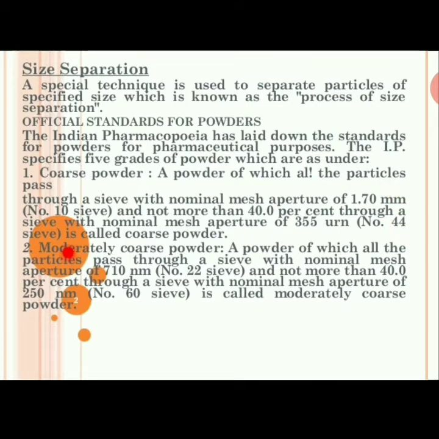Then next is the moderately coarse powder, in that a powder of which all the particles pass through a sieve with nominal mesh aperture of 710 micrometer, that is sieve number 22 here, and not more than 40% through a sieve with nominal mesh aperture of 250 micrometer, that is sieve number 60, is called a moderately coarse powder.